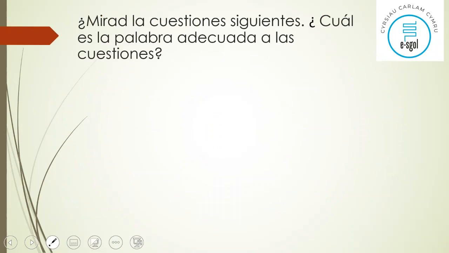And let's start to have a look at the cuestiones siguientes, at the following questions. ¿Cuál es la palabra adecuada a las cuestiones? Which is the adequate word for each question? So we got question 1, which question word would it fit here? La hija es triste. Question 2, ha pasado ayer en España.